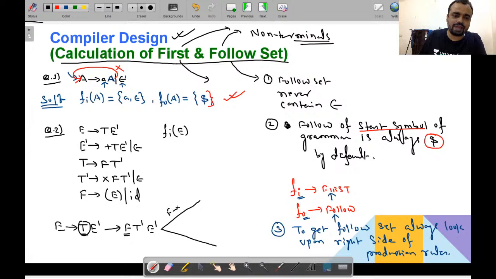You can reduce the f by this production rule, or you can reduce the f by id. So once you will reduce the f by this production rule, it will become left bracket e right bracket t dash e dash, and this one will become id t dash e dash.